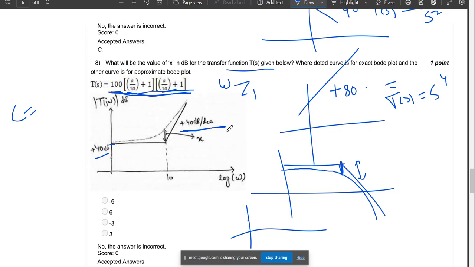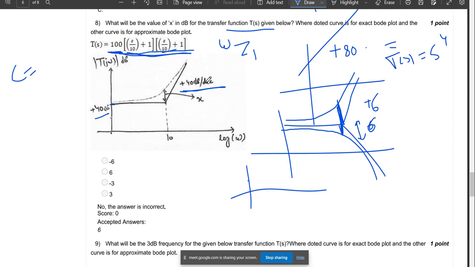So if we are adding two poles, it will become 6 dB difference in the exact plot. If we are adding two zeros, then the difference will be plus 6 dB. So this is what is happening here. Two zeros are getting added, so the difference in the exact plot becomes plus 6 dB. So the answer here is plus 6.